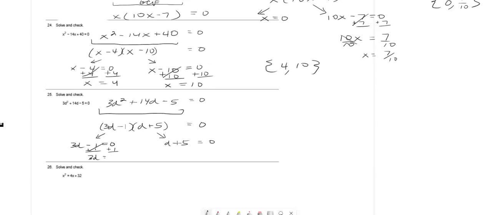And then divide by 3 on both sides, where d equals 1/3. So I have my first solution is 1/3. Over here, I simply subtract 5 from both sides to solve, and d equals negative 5. So I'll write my solution in MyLab as 1/3, negative 5.